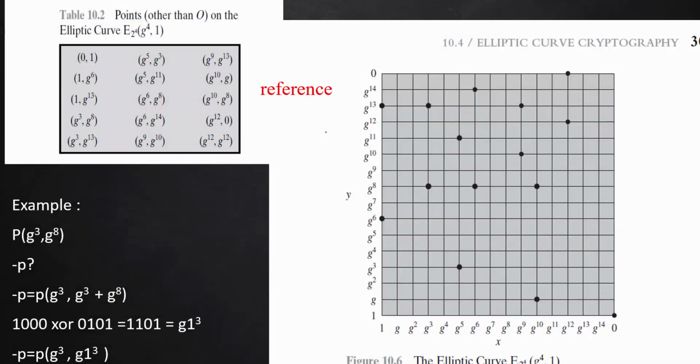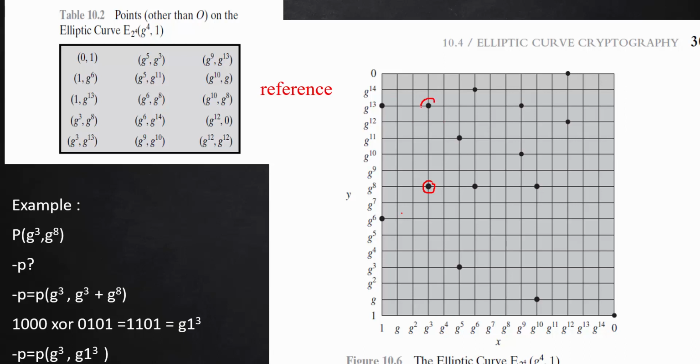Consider this case. Consider a point in this graph, P with g3 comma g8, x with g3, y with g8. This is that point, this one. G3 and g8. And where is its minus P? Minus P is here.